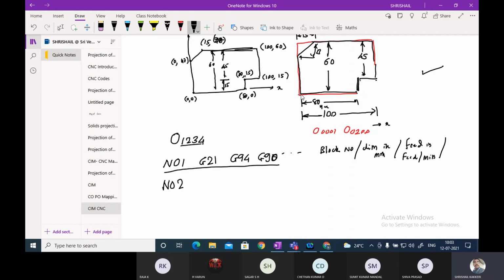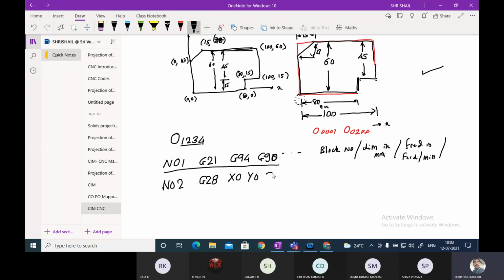Once after completing, it will come back to the reference point and again start. So which is the reference point we have taken? G28. G28 indicates the reference point.